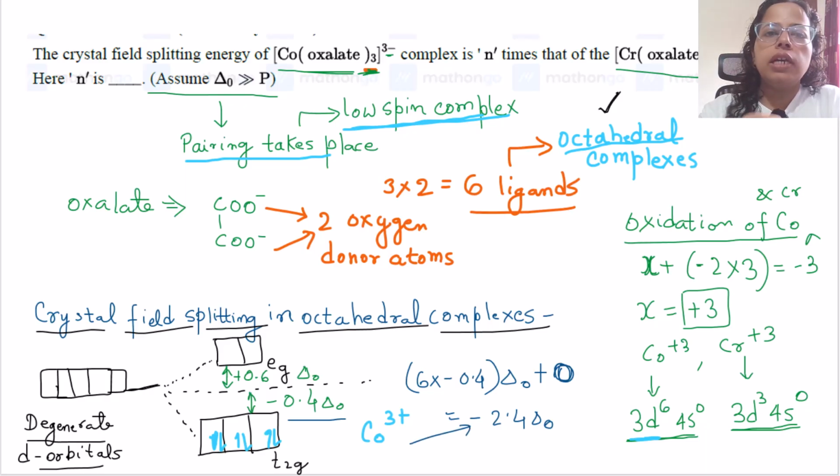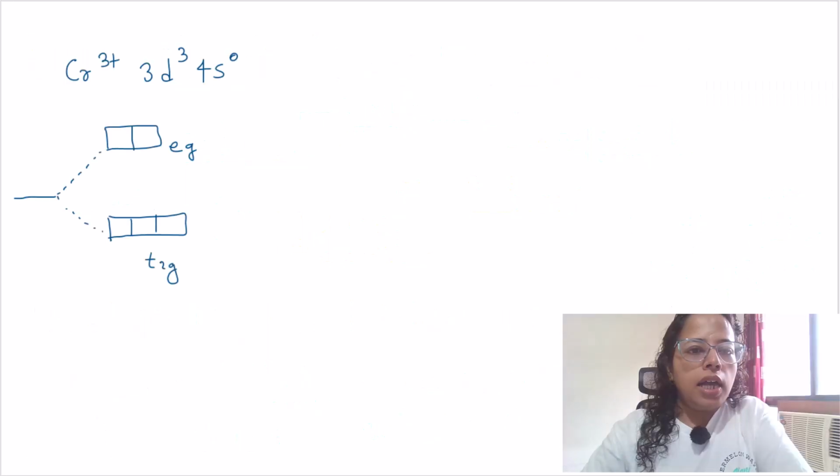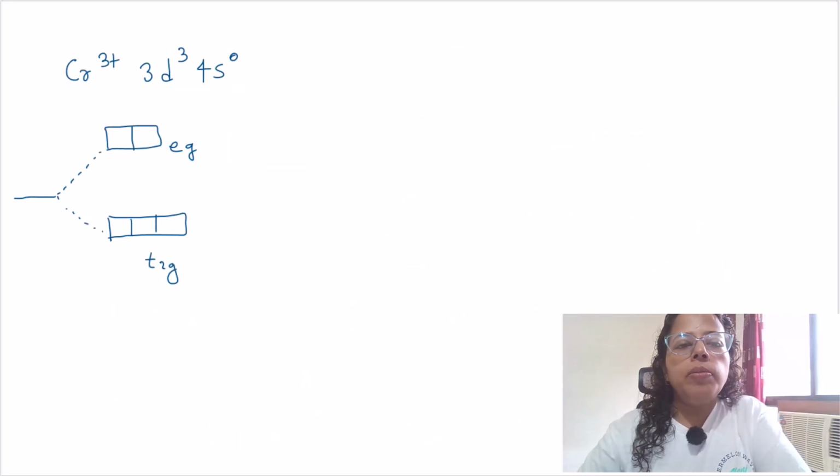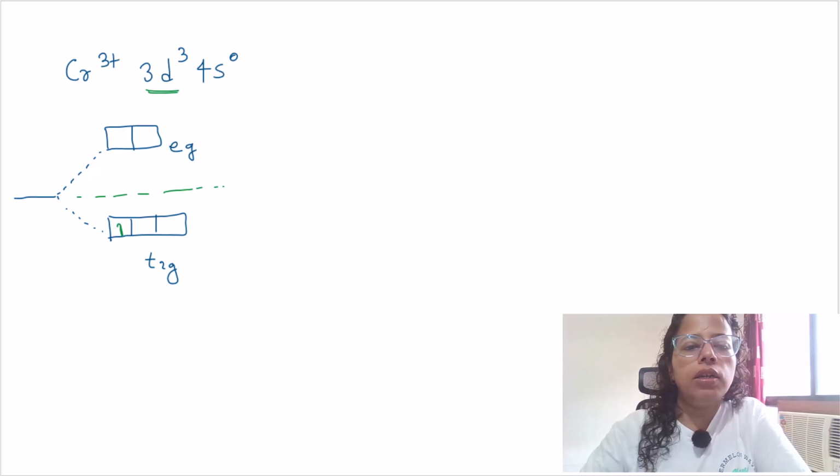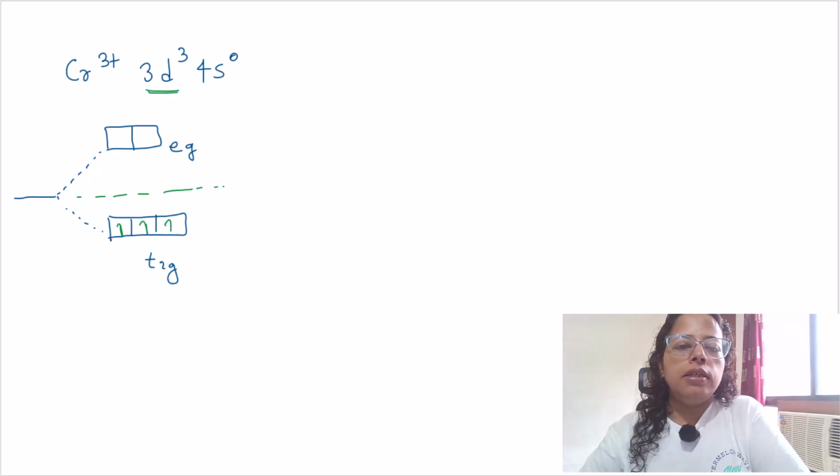Now similarly we will calculate the CFSE for chromium 3 plus. For chromium 3 plus we have 3 electrons in the 3d orbitals. They are filled in the T2G orbitals, 1, 2 and 3. In this d3 configuration there is no scope of pairing, so T2G will carry 3 electrons.